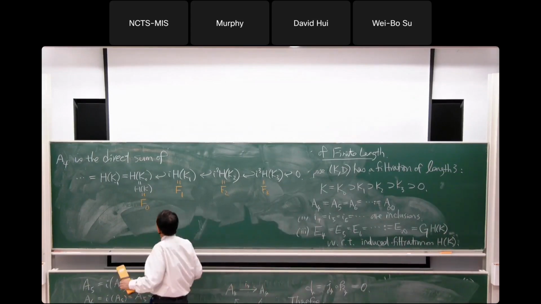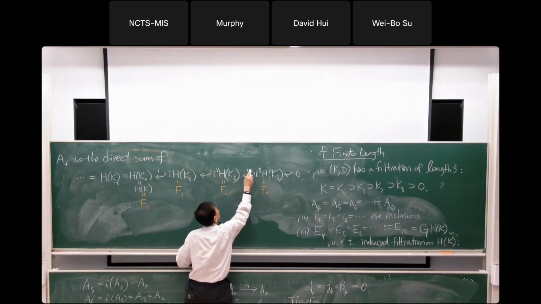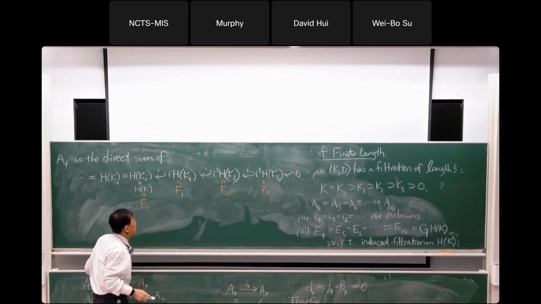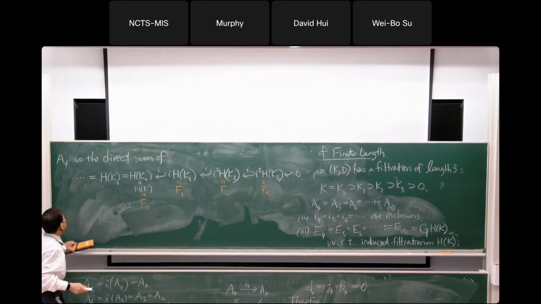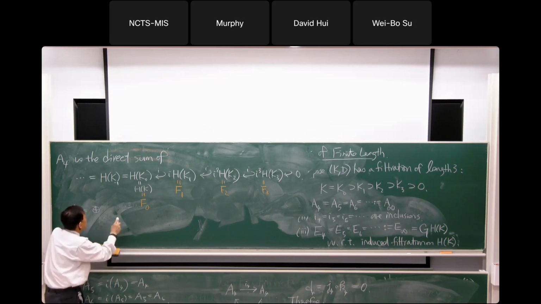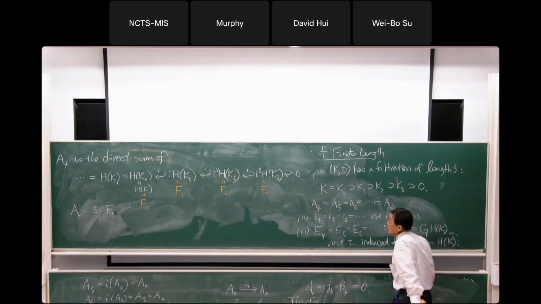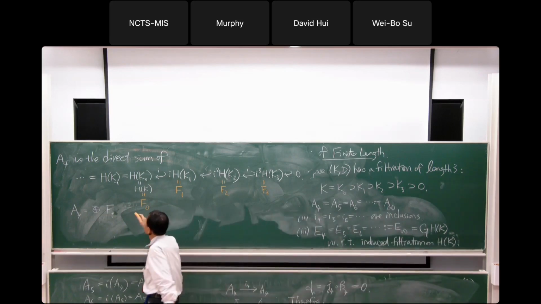And this map is I. It's I4. So A4 is the direct sum of F sub P, where P can be negative also.